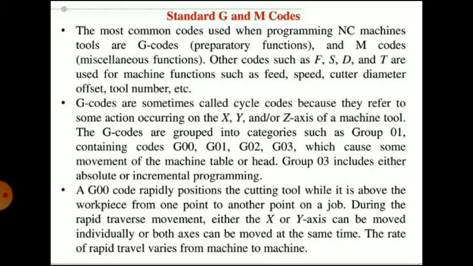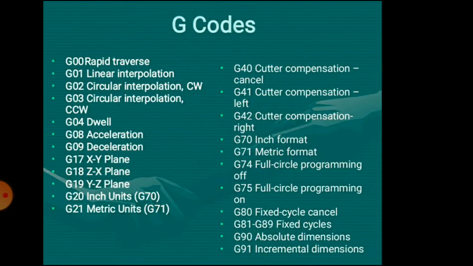So when you only have to move the tool from one point to another point, the G00 code is used, that is a rapid movement of the tool. During the rapid traverse movement, either the X or Y axis can be moved individually or both axes can be moved at the same time. The rate of rapid travel varies from machine to machine.